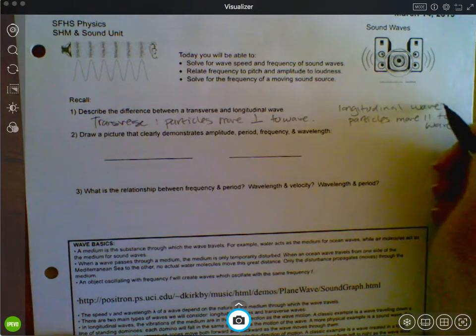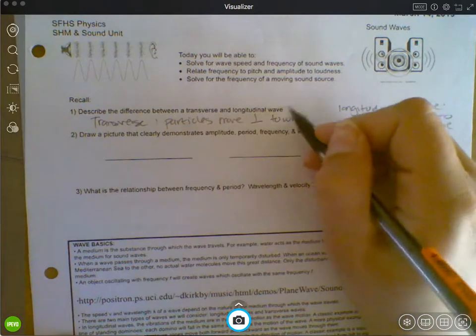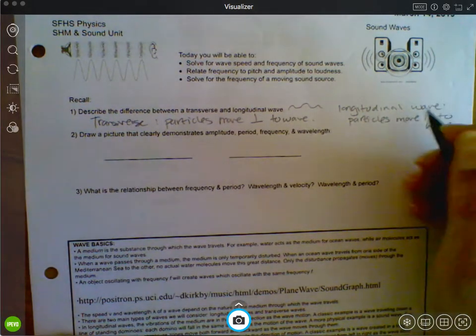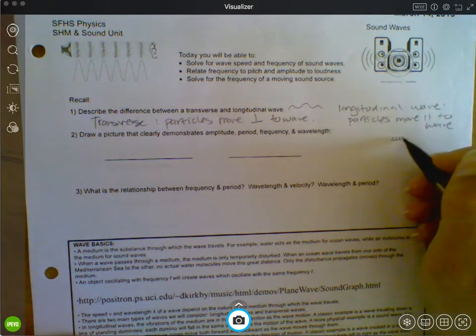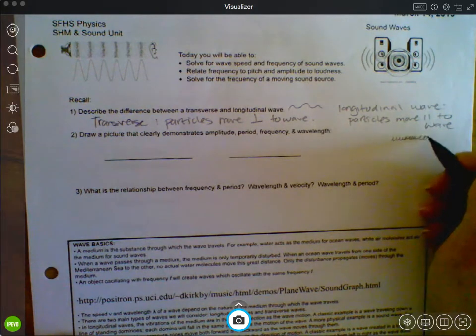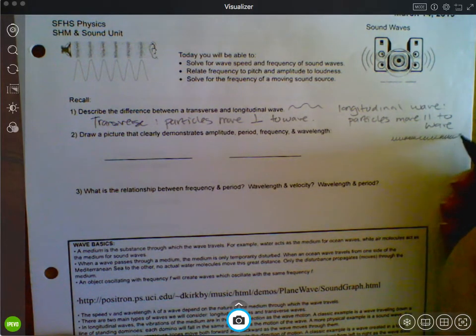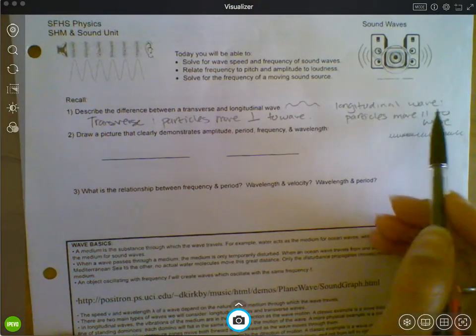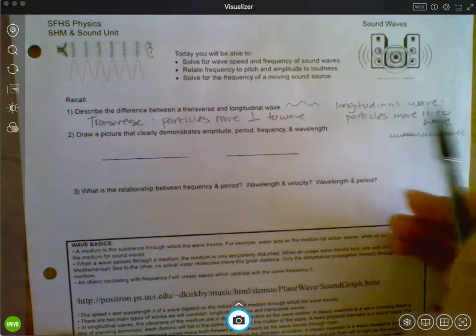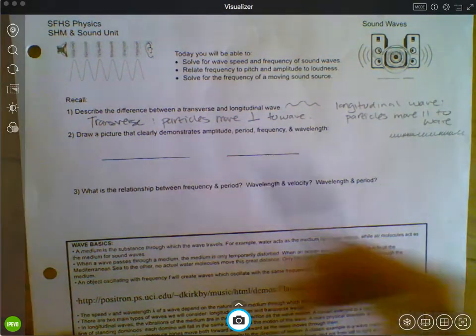So basically, transverse is the one that's sort of wavy, right? And longitudinal is the one where it's compressed, and then more expanded, and then compressed, and then more expanded. Since we're talking about sound waves, those are going to be longitudinal waves, okay?